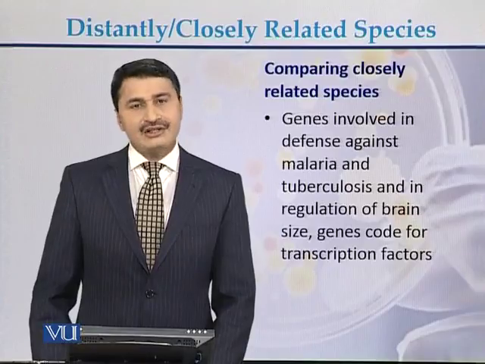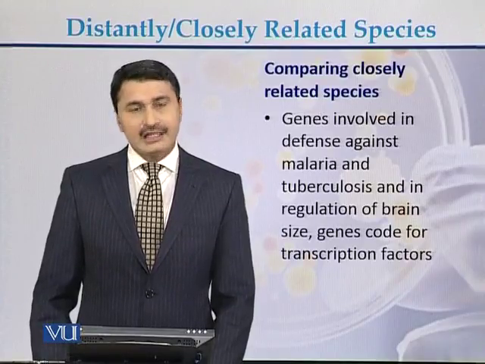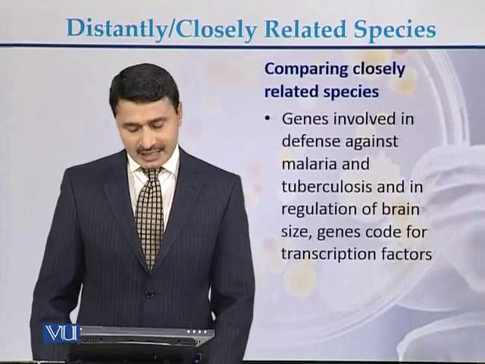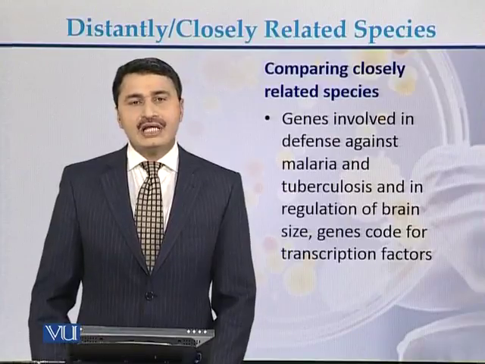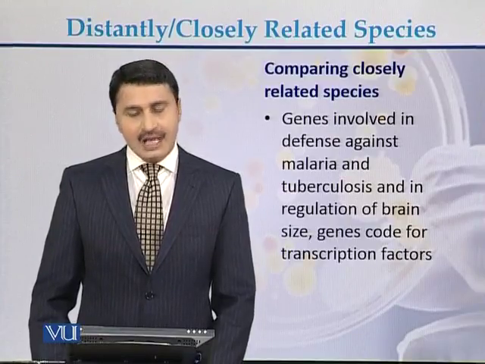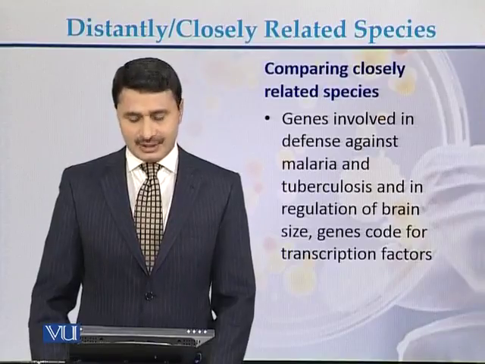Genes involved in defense against malaria and tuberculosis, in regulation of brain size, and genes coding for transcription factors are all genes that evolved faster in humans.